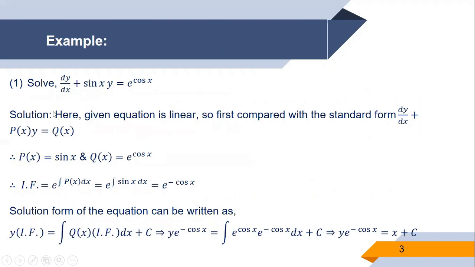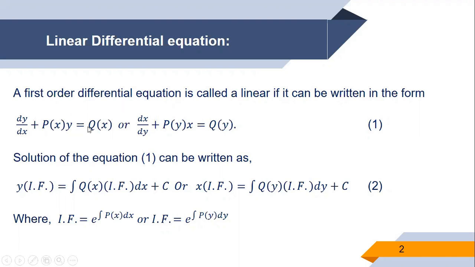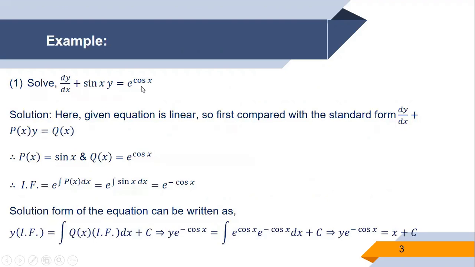So directly we discuss an example. The example is given: dy by dx plus sin x into y is equal to e raised to cos x. First we compare this equation with the standard form dy by dx plus p of x into y is equal to q of x.